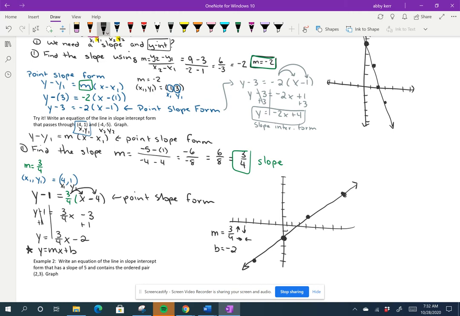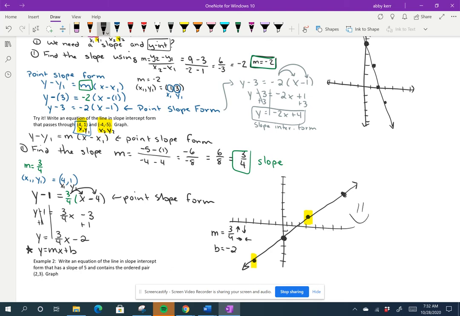Now, one thing that I did not mention in the previous problem, notice that we have 4, 1. Notice on my graph, 4, 1 is a point. I have negative 4, 5. So that is a way that you can check your work to make sure that your line has those two ordered pairs.